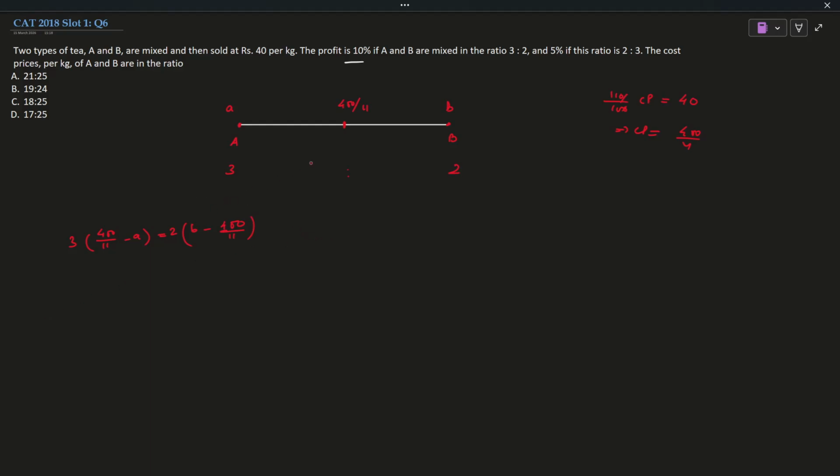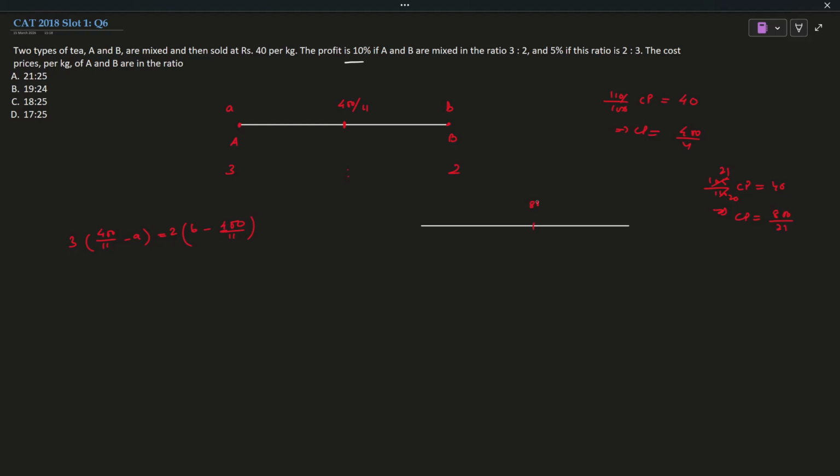And the second is 5%, right? 5% means 105% of CP is equal to SP. So this is 21, this is 20. So the cost price is 800 by 21.